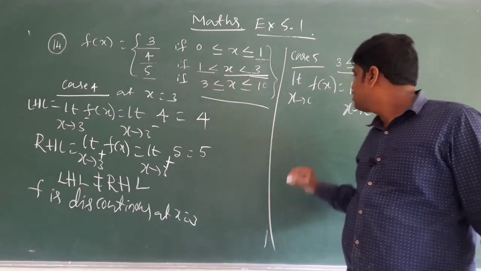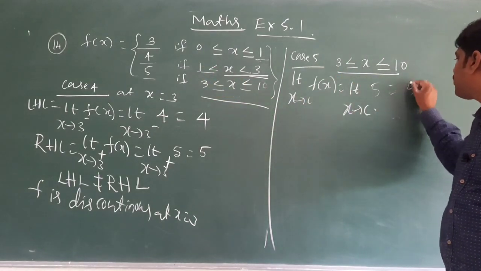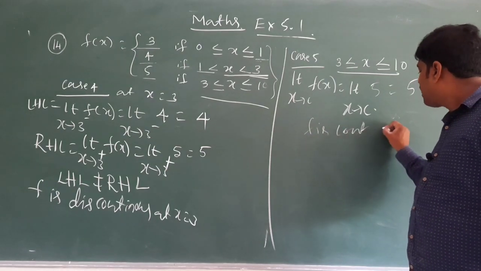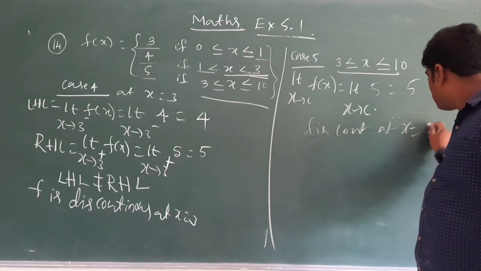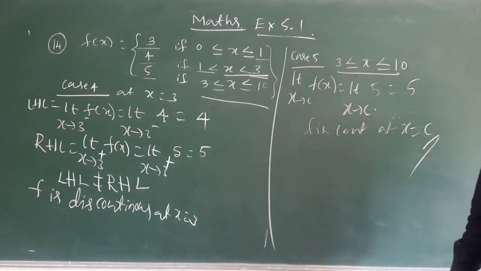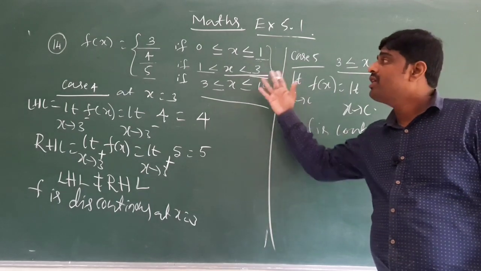What is f of x? 5. Therefore f is continuous at x is equal to c. These are the 5 cases of solutions of this problem.